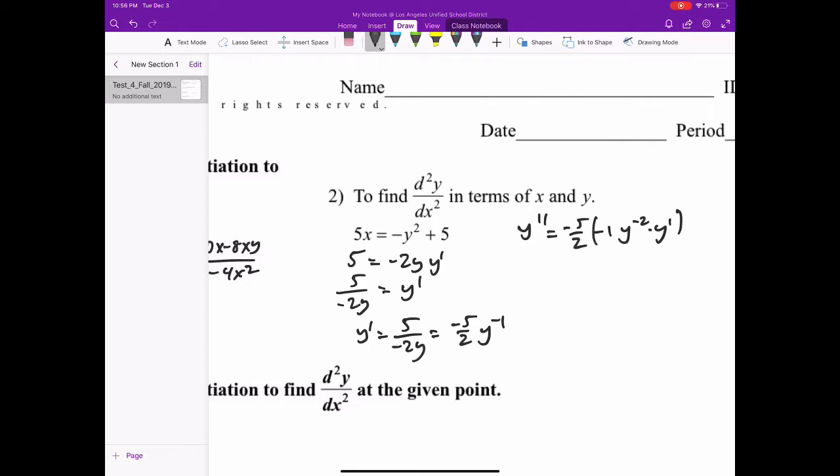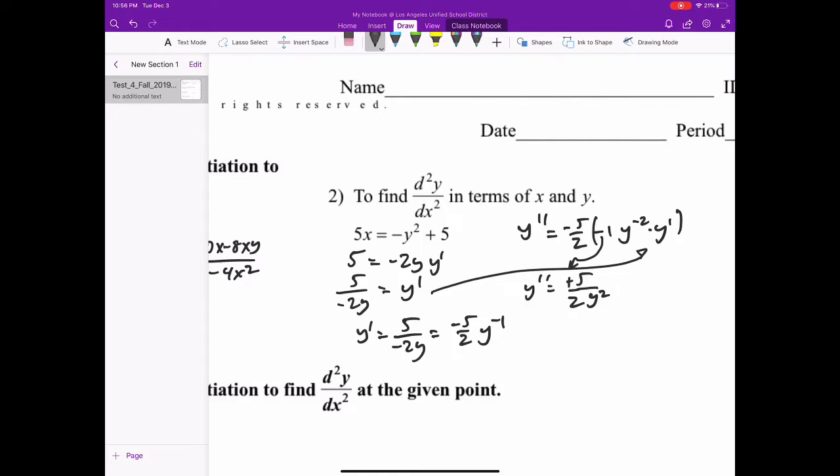And we know what y prime is, so we're going to substitute that back in from over here. So we write y double prime is equal to negative 5 over 2. Negative becomes a positive. See this negative here? Make that into positive 5 over 2. We're going to write y squared on the bottom.